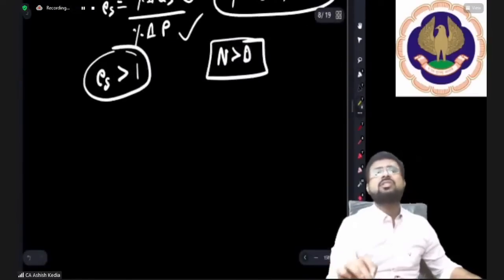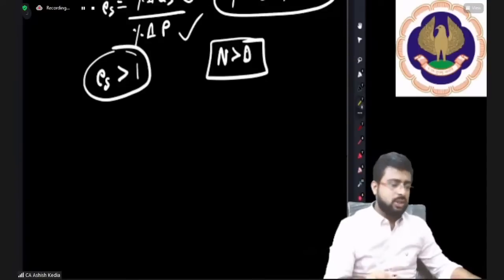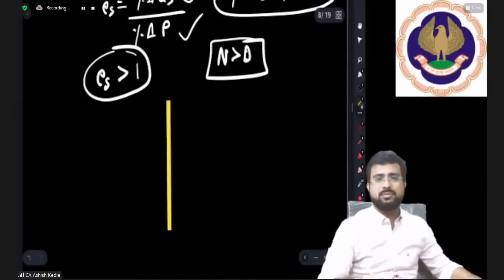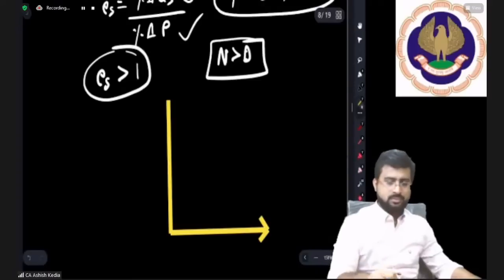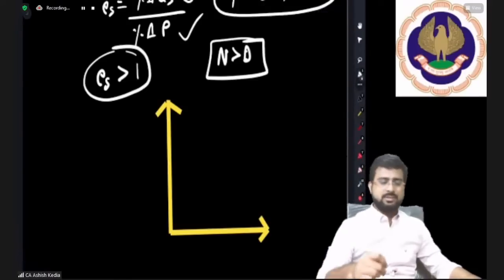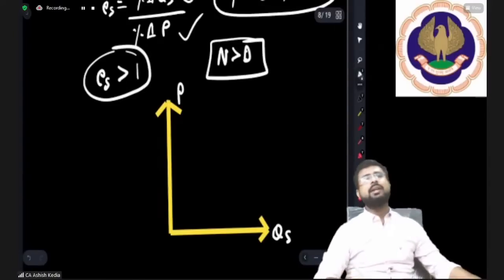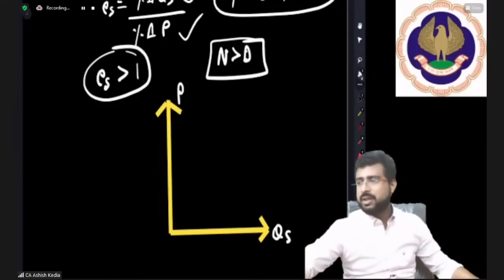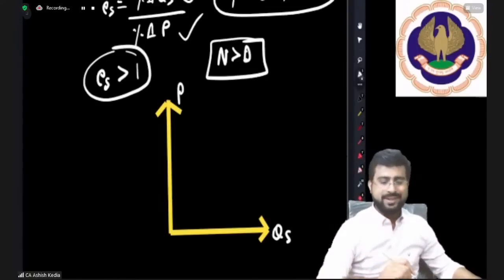See, graph is the heart and soul of economics. If there is no graph, economics does not exist. So price is here, quantity supplied is here.